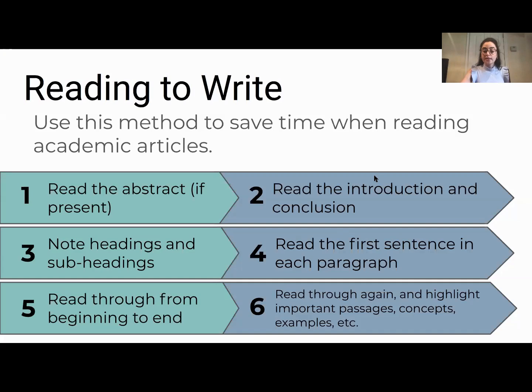And then number 6, depending on the length of a paper, reading it multiple times is a great way to go through and highlight, underline, annotate, really draw those connections, whether you're doing it on your computer or by hand, to really understand and remind yourself, okay, this paragraph is really important, putting a star by it, circling and saying this really relates to my argument and what point I want to make.